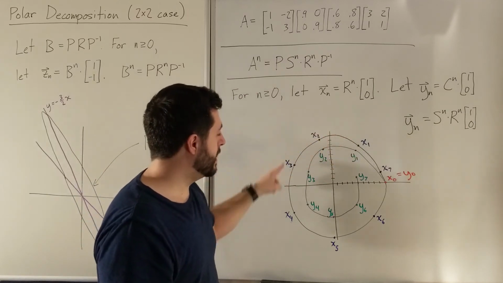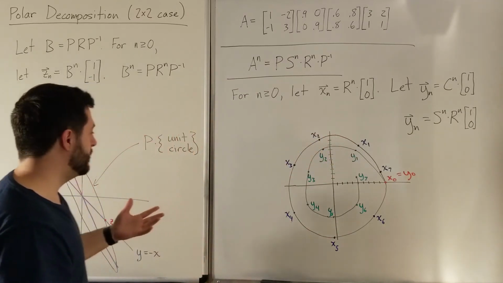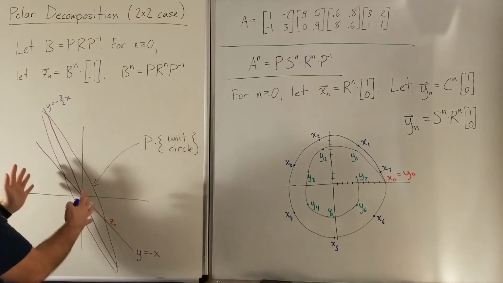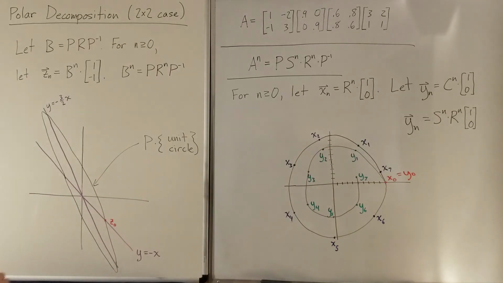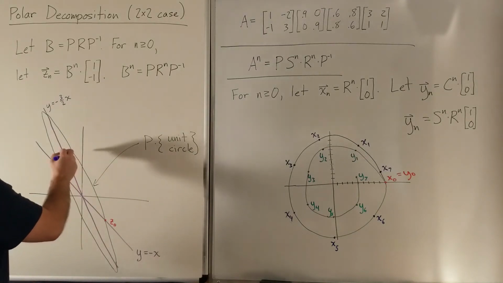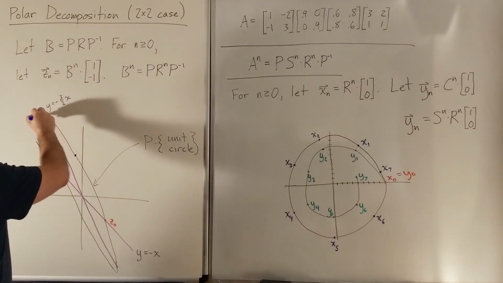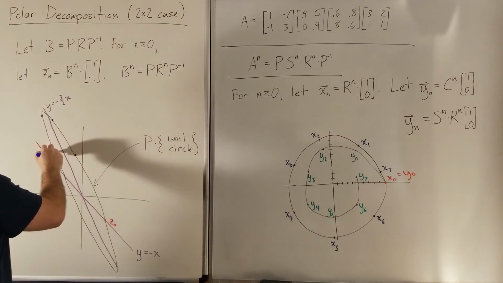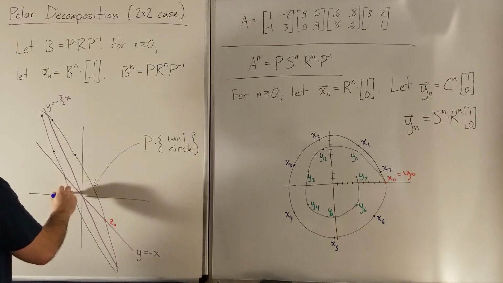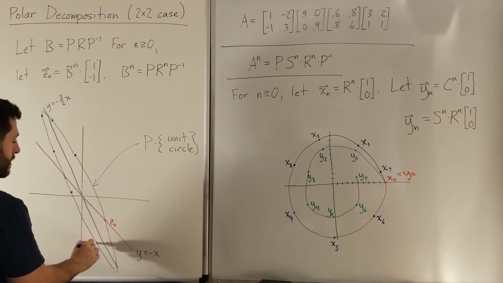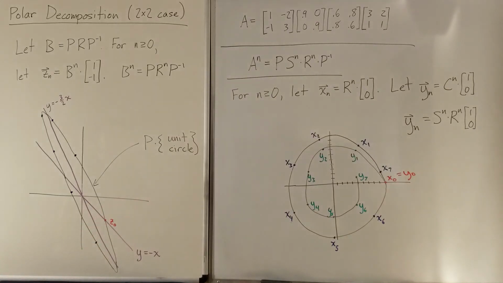So each of these points xi over here times the matrix P is going to land us on this ellipse here. And I'm just going to draw some points in. I don't really care where they are. They're definitely not going to be evenly spaced like those ones are, but where they land, not relevant.